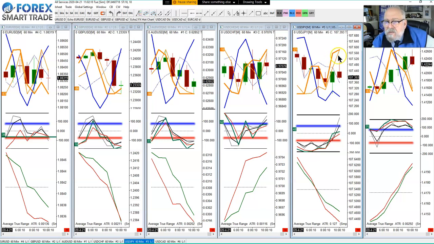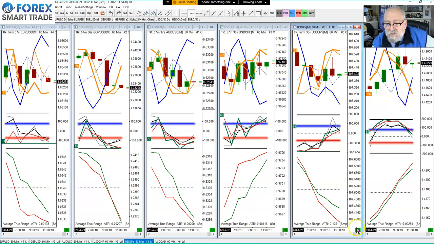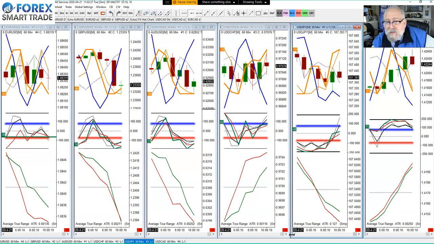USD, JPY minus 20 isn't close enough at the top of the hour, and these guys aren't overbought. By clicking down here, I can go back to the top of the hour. When this is green, that means I'm current. If I click one back, it brings me back to the top of the hour. So this is at 7 o'clock.